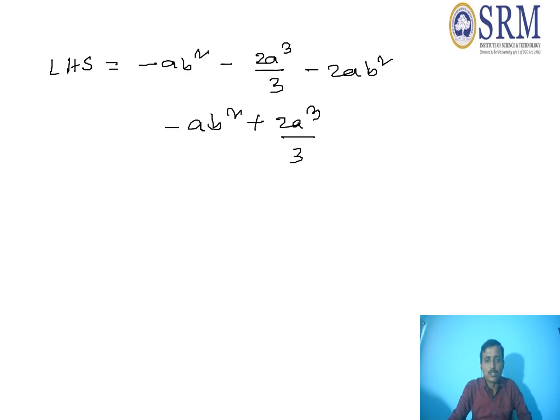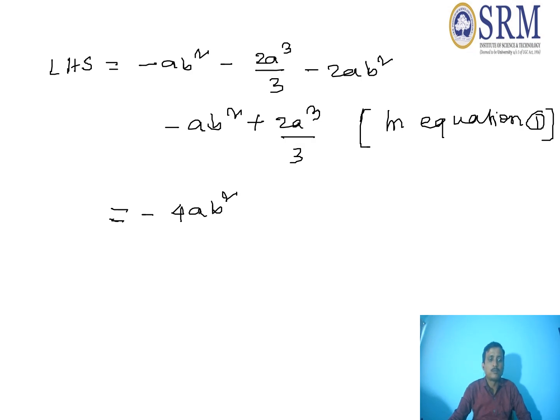So you will get it. Then what you are getting? It is actually minus 4ab square. Okay, you are getting minus 4ab square. Already we have derived the RHS value, that is also minus 4ab square, and the LHS value now we are getting minus 4ab square.